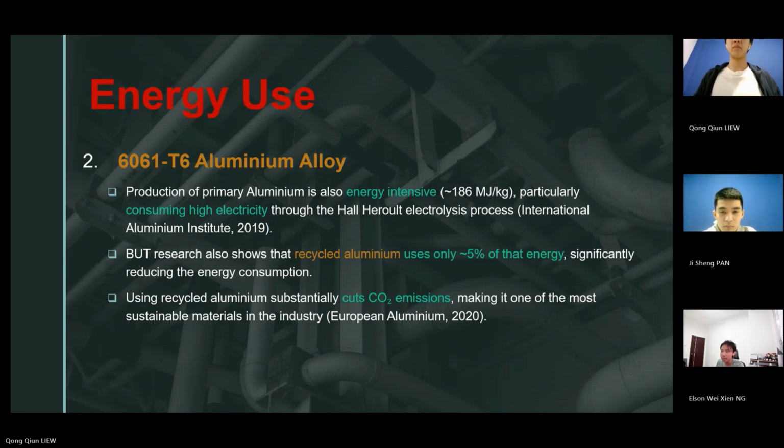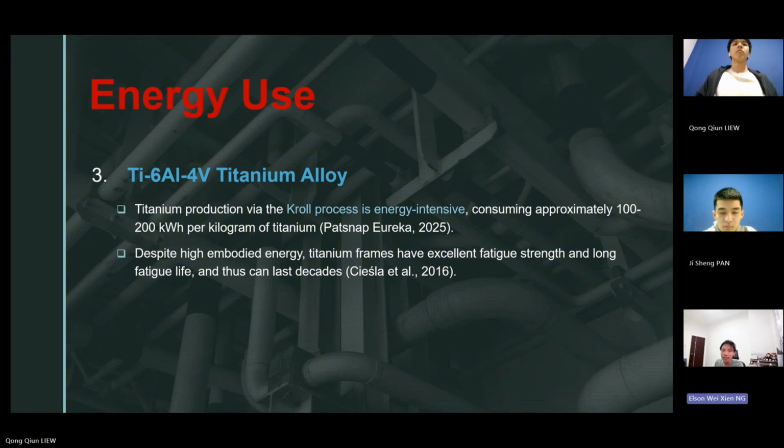Next. Titanium, on the other hand, is also very energy intensive due to the Kroll process. However, titanium frames tend to last decades, which helps spread out the impact over a long service life.